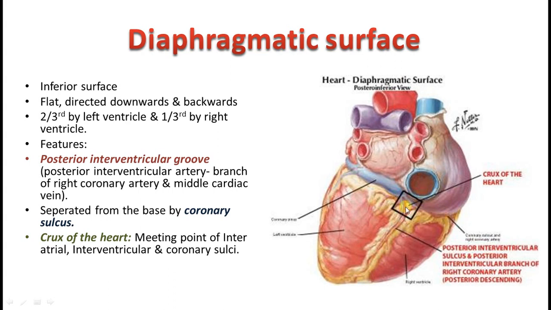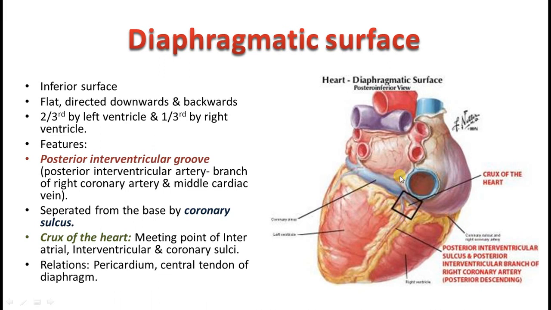It is the meeting point of the interatrial groove, the posterior part of the interventricular groove, and the right and left parts of the atrioventricular groove. The meeting point of that area is actually called the crux of the heart. So that is about the diaphragmatic surface.